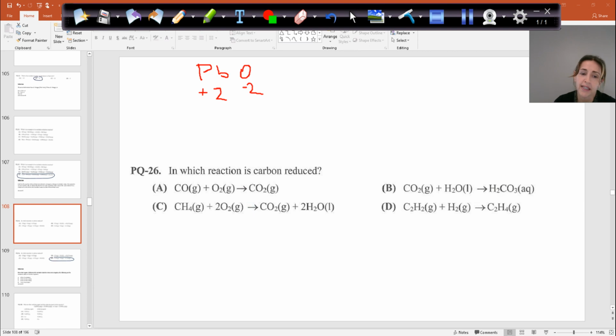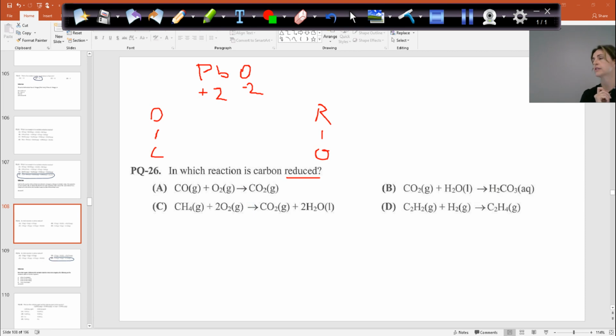So basically, we need to figure out the oxidation state of carbon in the reactants and in the products, and how do we decide if it's reduced? What is reduction and what is oxidation? Remember OIL RIG?